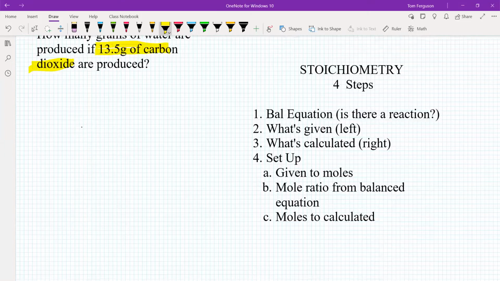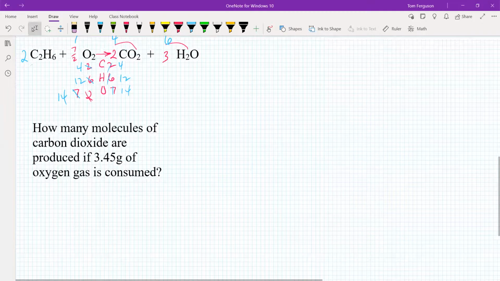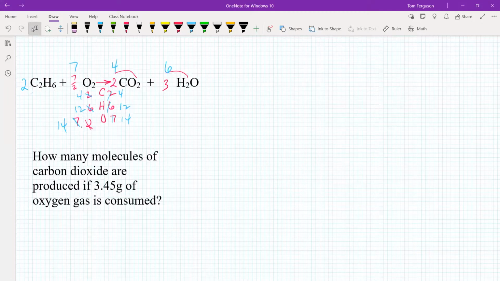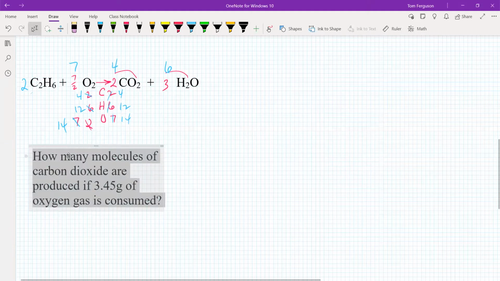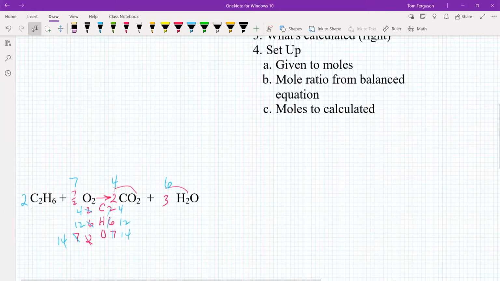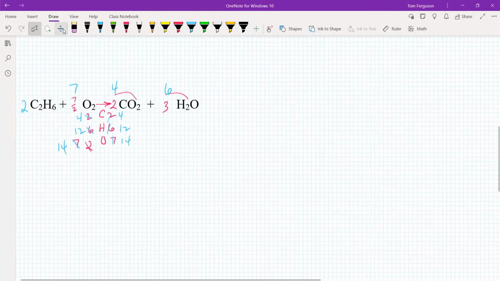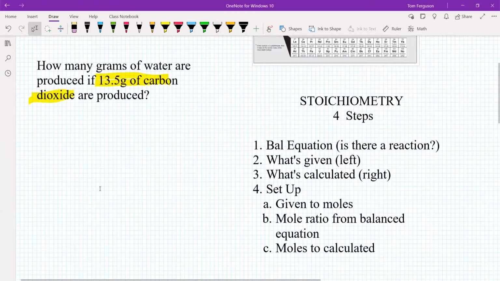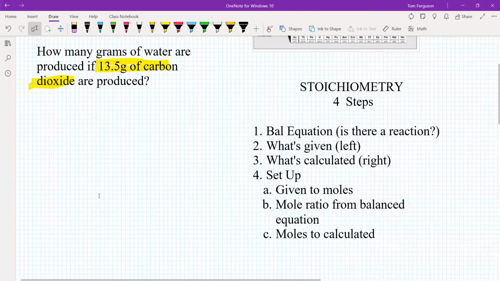So that's what's given. Let me give us some more real estate. So, 13.5 grams of carbon dioxide.